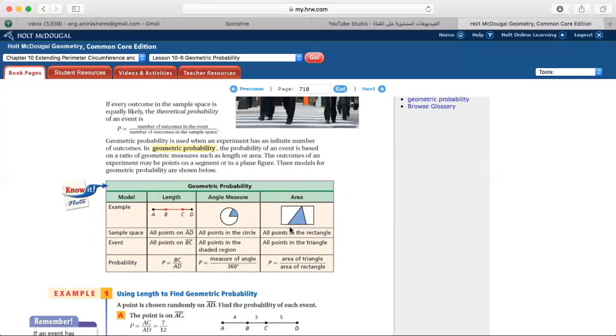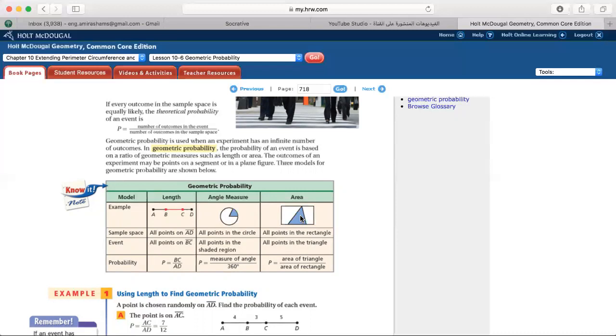And here we're talking about area. If I want to know all the points in the triangle, the shaded part is a part of the whole rectangle.